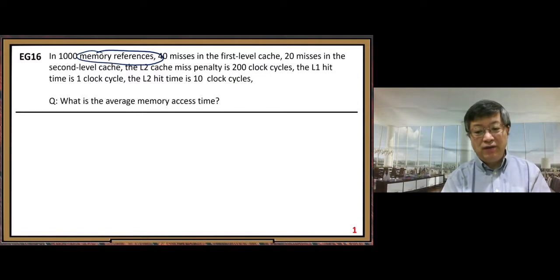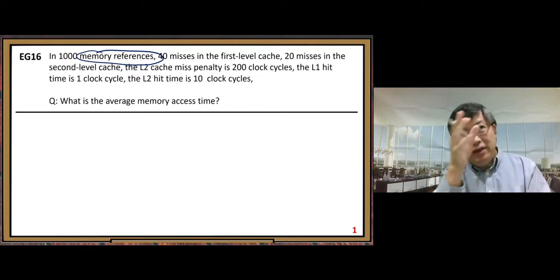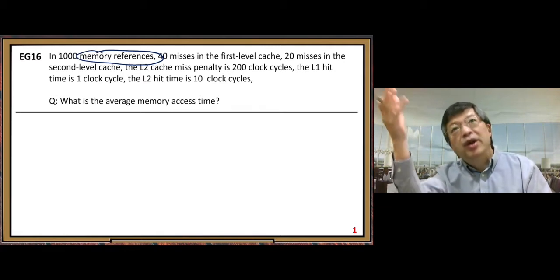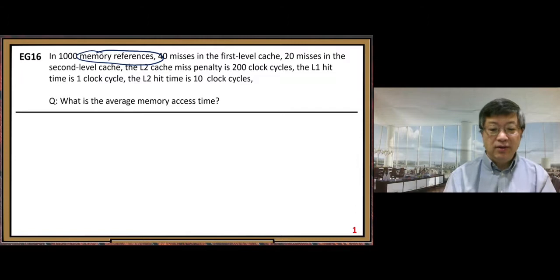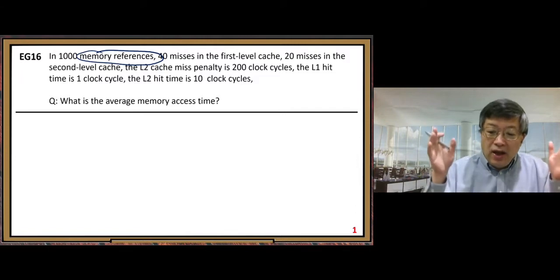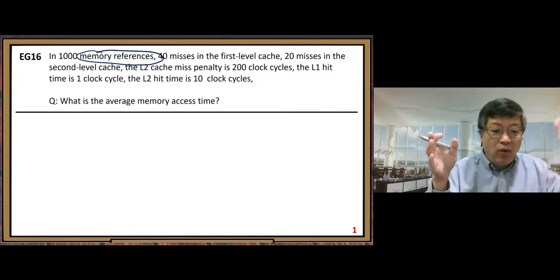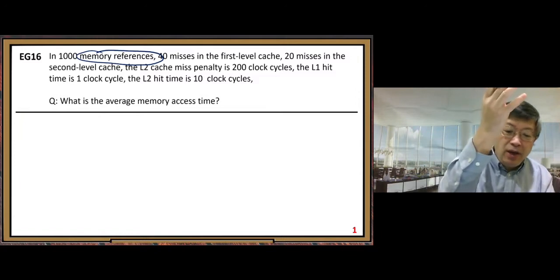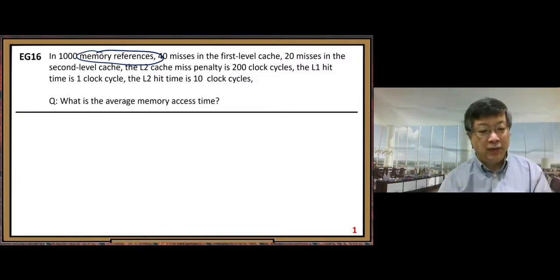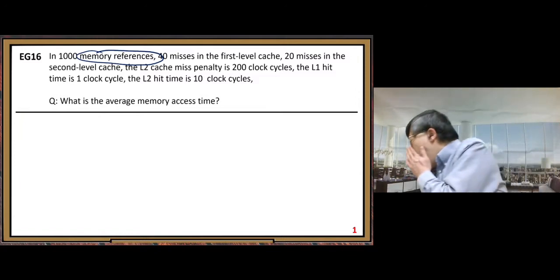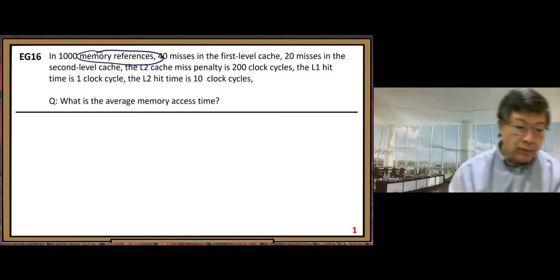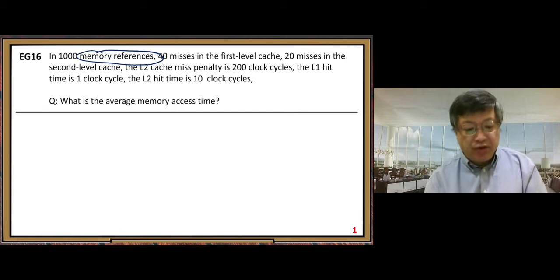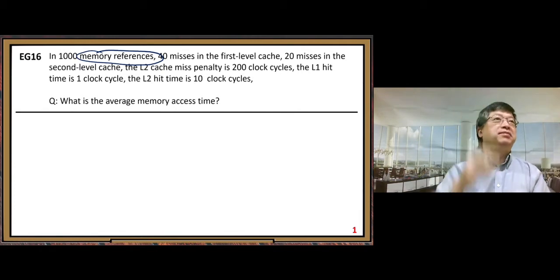After that, the second level, 20. So those are the given numbers. L1 hit time is 1 clock cycle, L2 hit time is 10 clock cycles. The question: what is the average memory access time?